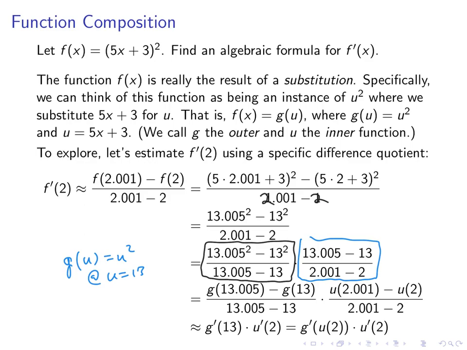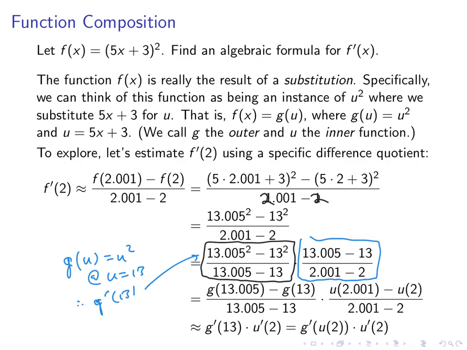So if I take 2 points close together, 13 and 13.005 as inputs, then the output of that will be 13.005 squared minus 13 squared. So this is a slope on the g curve for values of u between 13 and 13.005. And so that means that this thing in the box is approximately the derivative of g at 13. So again, it's an approximation because the 2 points are just close together, but that's what it is.